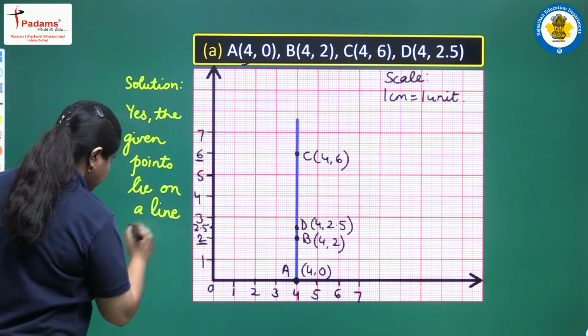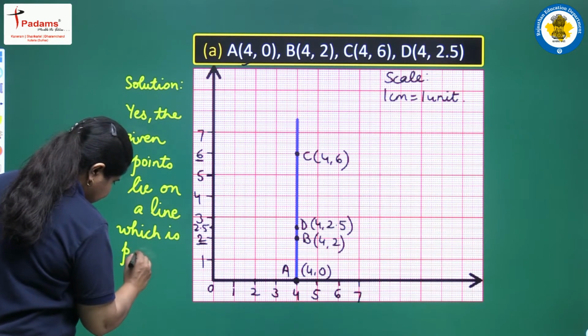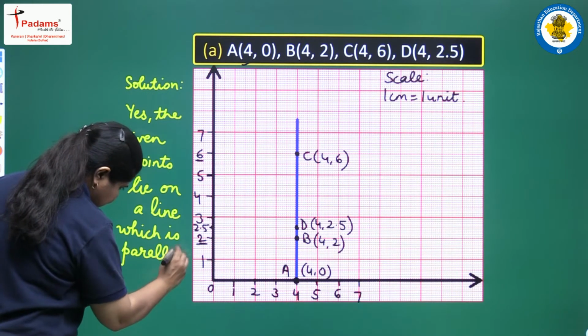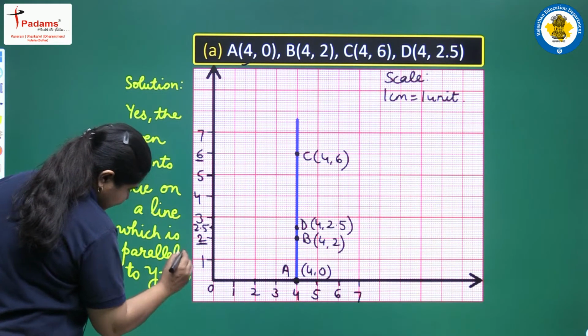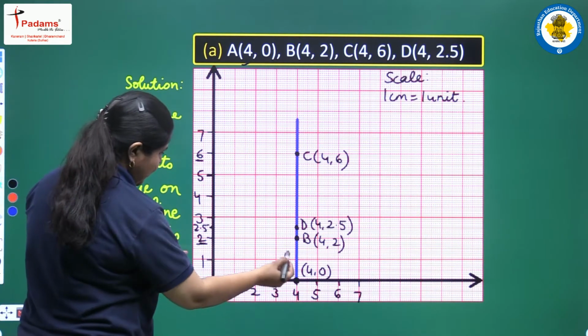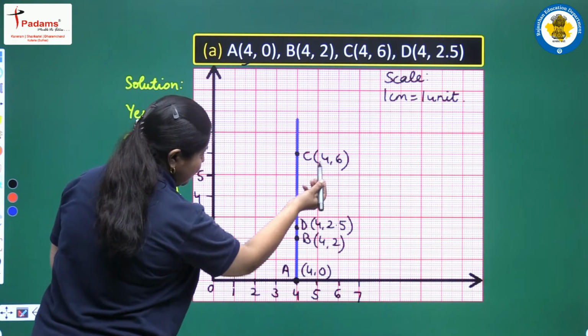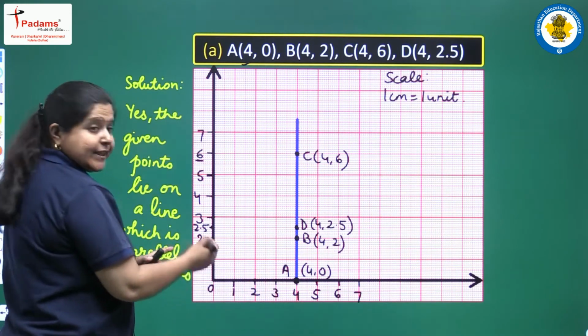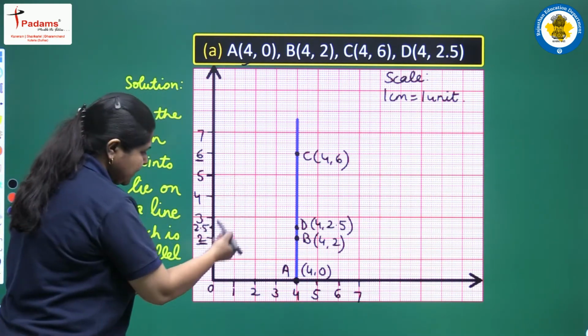You can mention this also, which is parallel to y axis, because every time we see that the distance from the y axis is 4 units. 4, 4 and 4, and so 4 units is the distance between these two lines, and so the two are parallel, this line and the y axis.